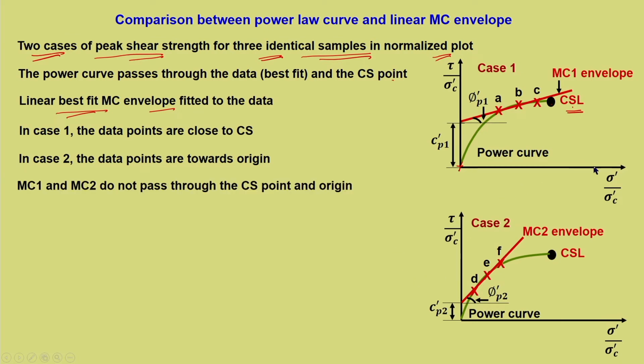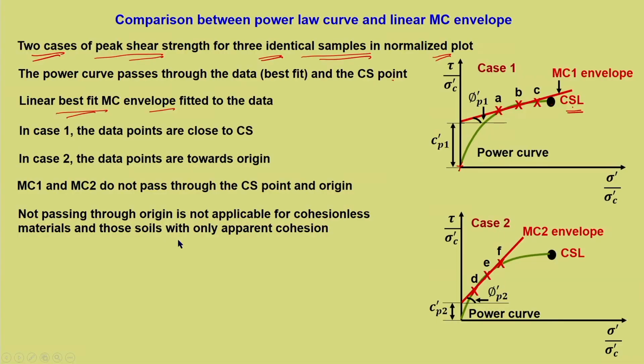Now, we can compare the power curve, which is common in both case 1 and case 2, whereas for MC1 and MC2 there are marked differences between case 1 and case 2. MC1 and MC2 do not pass through the critical state point and the origin.